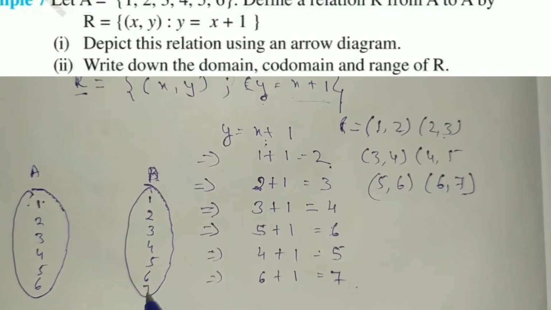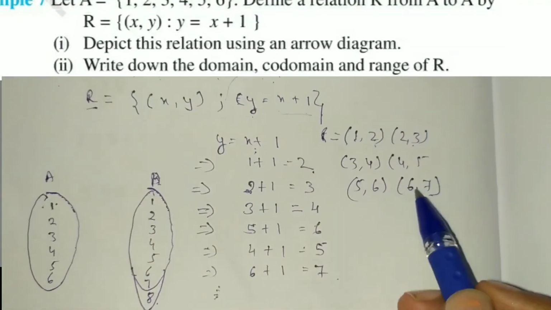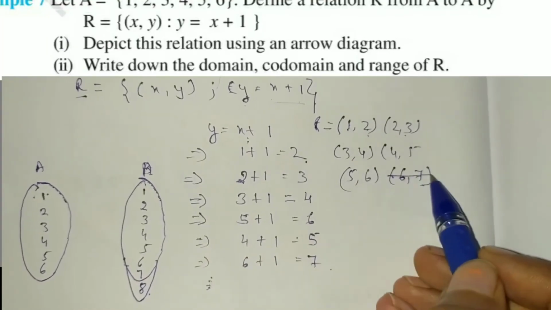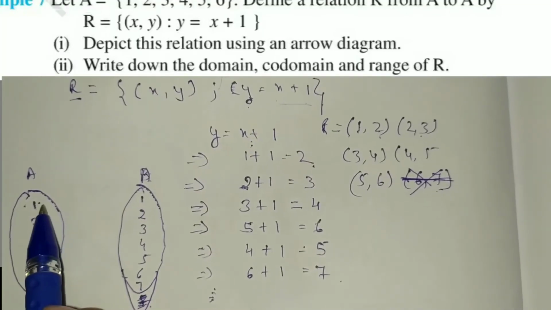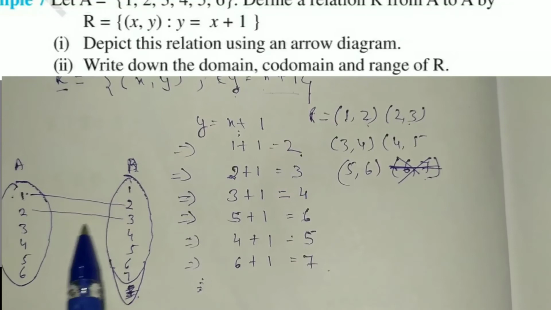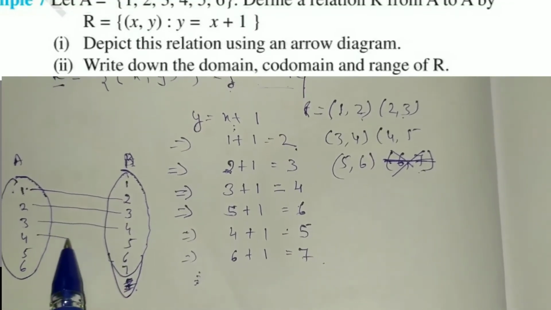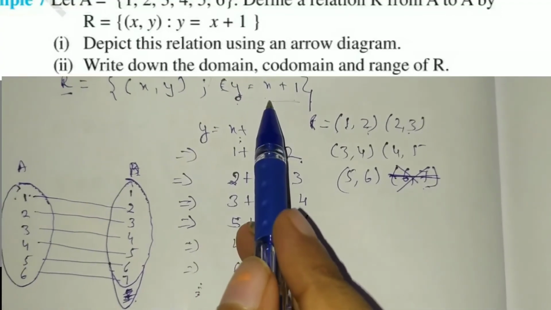As we have values only up to 6, we will not write this relation, but we can make the arrow diagram, that is 1 to 2, 2 to 3, 3 to 4, 4 to 5, 5 to 6, 6 to 7, as per our relation.